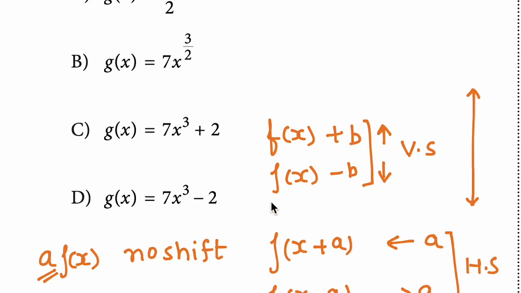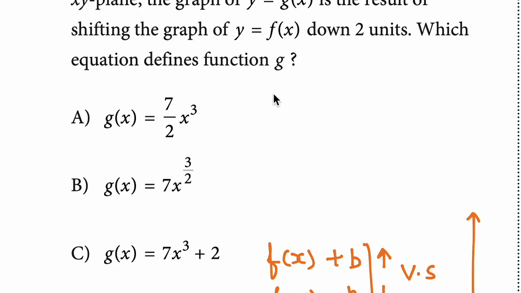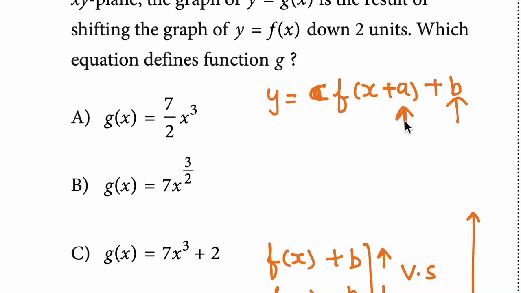So if we see the overall rule, for a function y = a·f(x + c) + b, this b will be responsible for the vertical shift and this c will be responsible for the horizontal shift, and the multiplied constant a will be responsible for the vertical stretch or vertical compression.